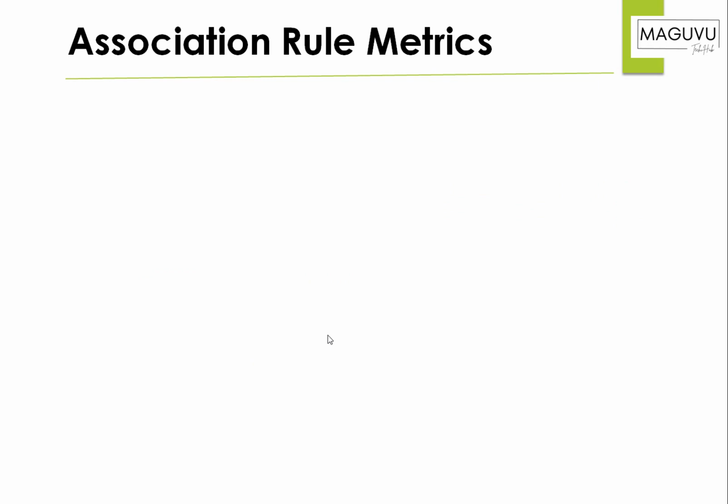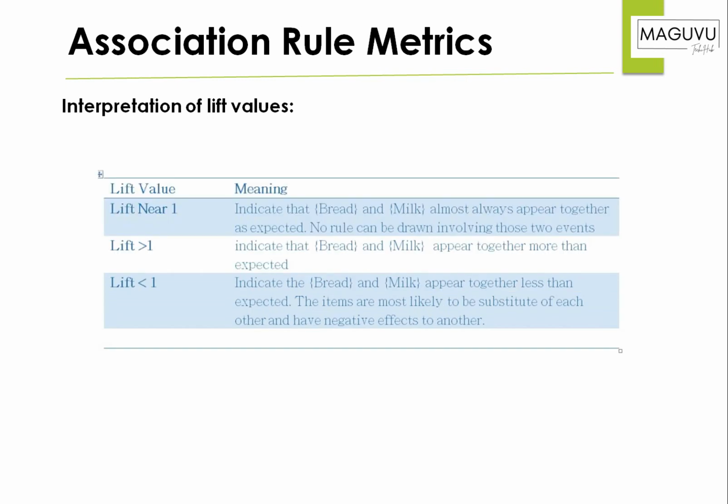Basically, to interpret lift, we would want to look at 3 categories of the values of lift. If the lift value is closer or equal to 1, what does it mean? It indicates that bread and milk almost always appear together as expected.